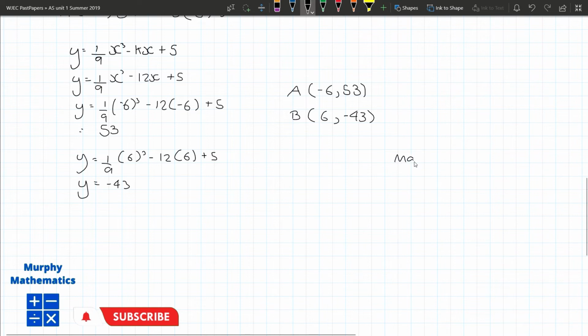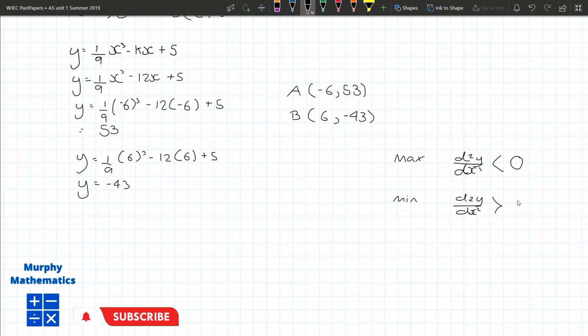So the maximum point is when d2y over dx squared is less than 0. And then the minimum is when d2y over dx squared, just the opposite now, is greater than 0. It's a bit backwards, but there we go.